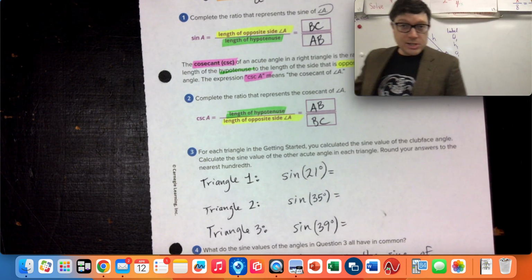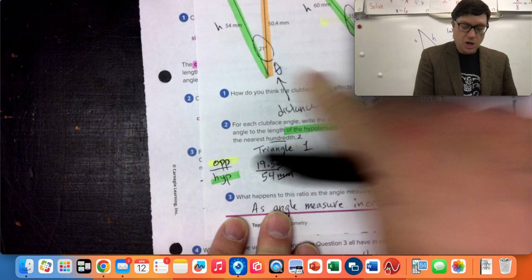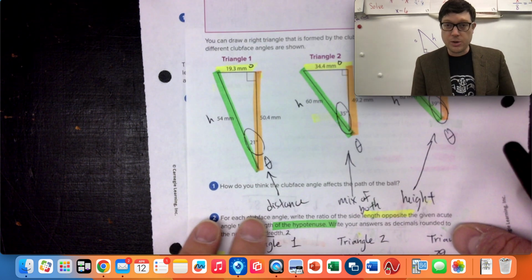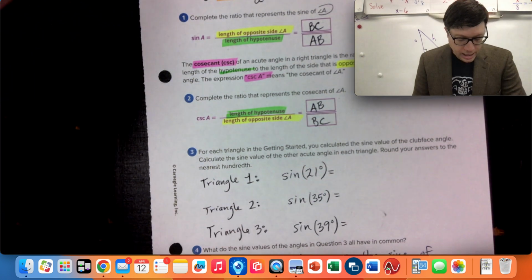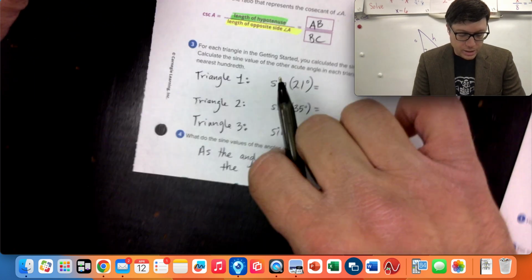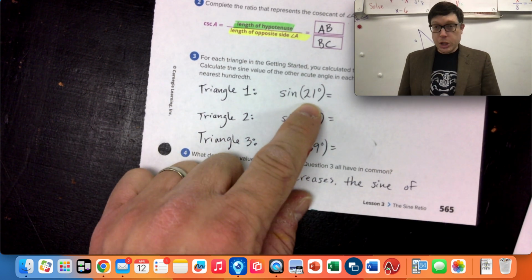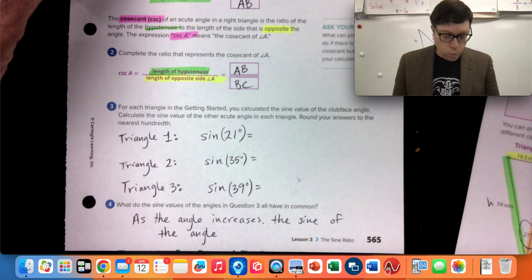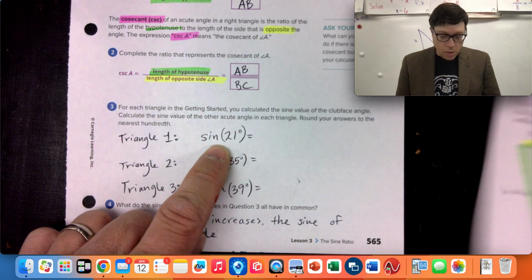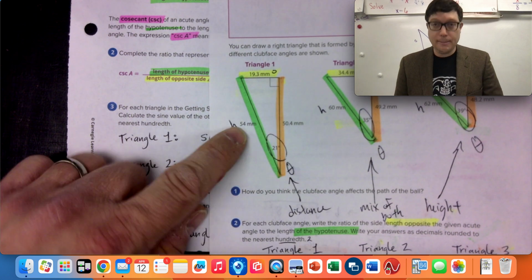We have a picture from the getting started where we looked at sine ratios, although we didn't call them sine ratios in the beginning, but now we officially can. So in the getting started, we said that triangle 1 has a 21-degree angle, and therefore the sine of 21 degrees is going to be the opposite side divided by the hypotenuse.